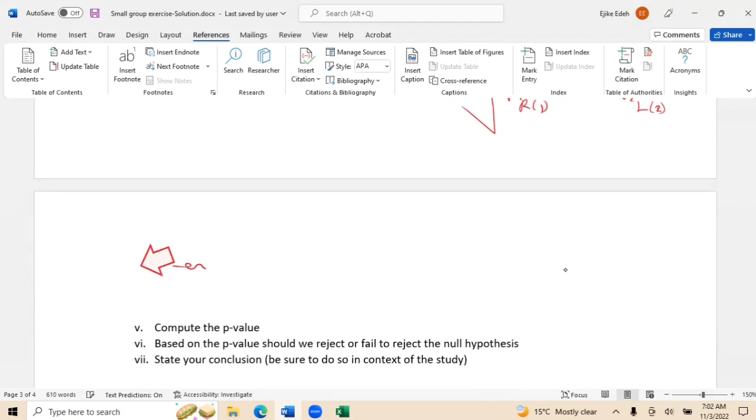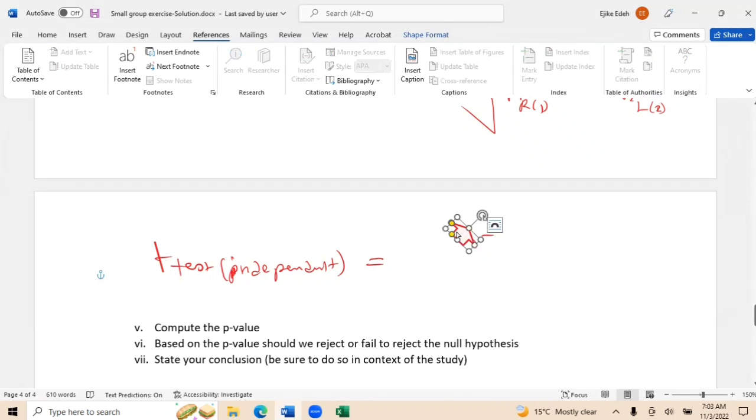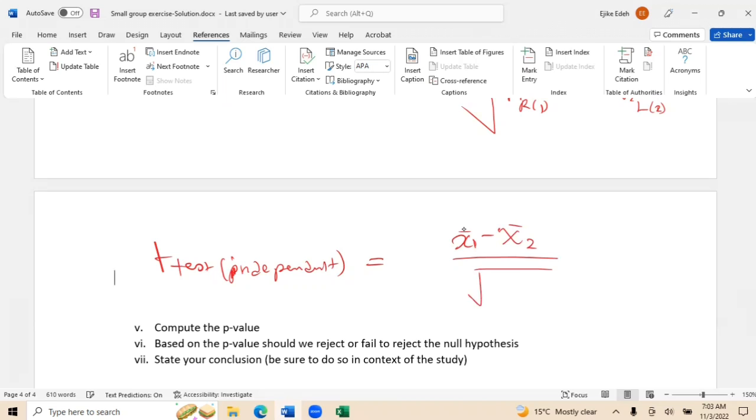Maybe finally, stated more simply, the t-test for two independent samples would then be just x bar 1 minus x bar 2, all over the square root of the variance of group 1 all over sample size of group 1 plus variance of group 2 all over sample size of group 2, right?